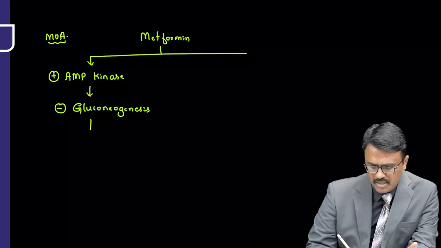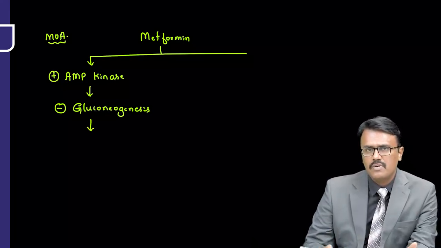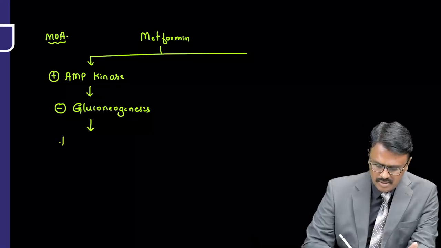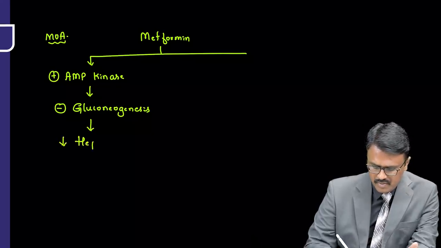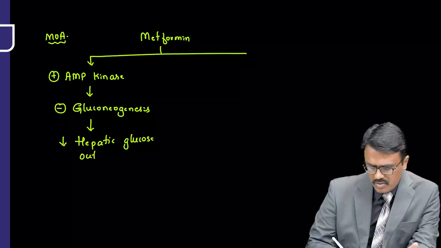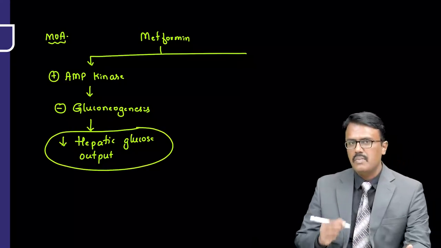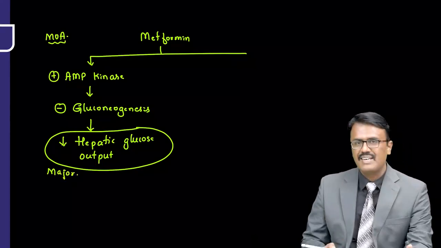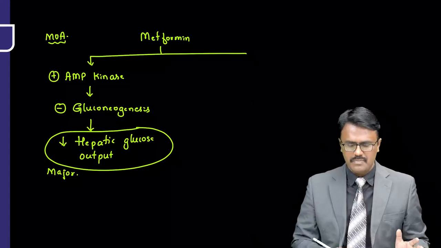So what happens if you inhibit that? The glucose is not produced from the protein or amino acids. So when there is no gluconeogenesis, there is decrease in hepatic glucose output. It decreases hepatic glucose output. So if they ask in the exam what is the major mechanism of action, this is the major mechanism of action of metformin. That's the major, decreasing hepatic glucose output.